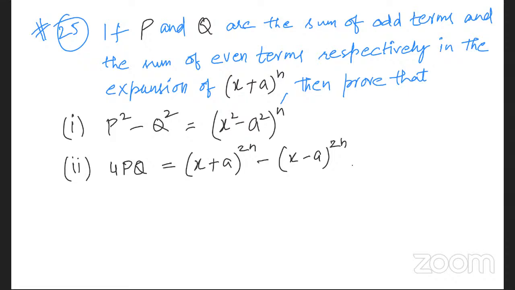Look at the question we have: if p and q are the sum of odd terms and sum of even terms respectively in the expansion (x plus a) whole power n, then prove these two.